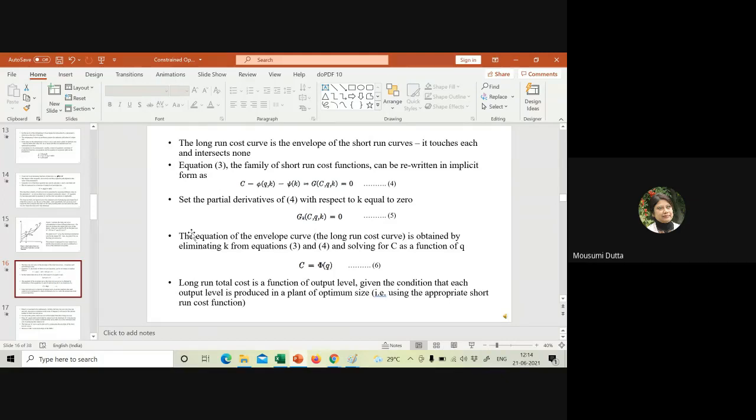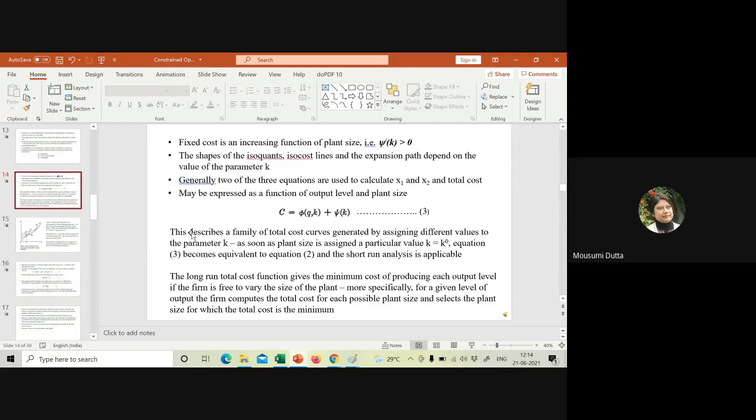So equation 3, the family of short run cost functions, can be rewritten in implicit form as C minus phi of Q, K minus psi of K. If the equation was C equal to, so I am bringing all the terms to the left.